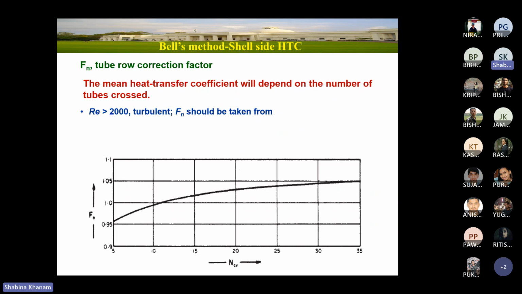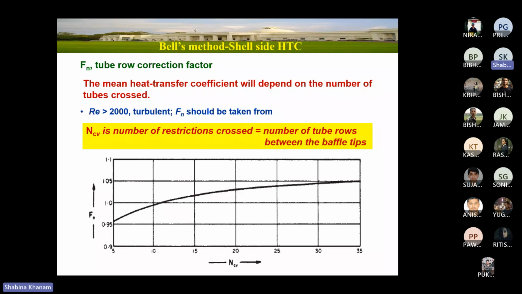But here we are considering completely, fully developed turbulent flow. If this is the case, you can find Fn from this graph. Please discuss if you have any confusion. Here I have NCV, and depending upon this NCV we need to find Fn. NCV is the number of restrictions crossed.